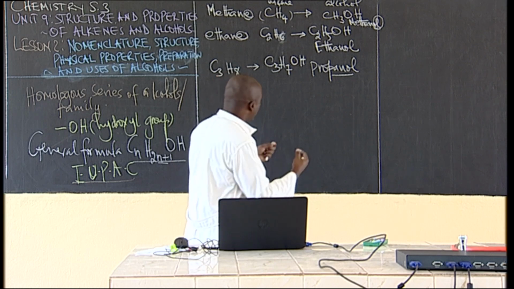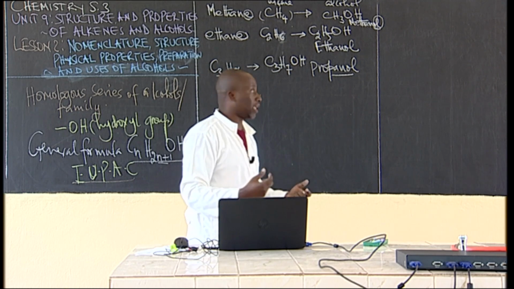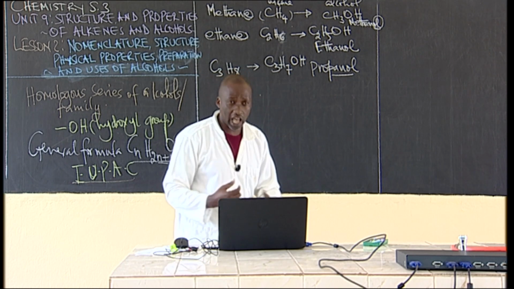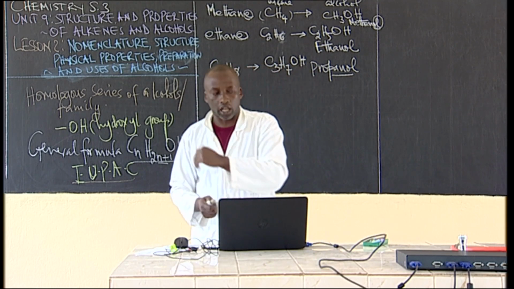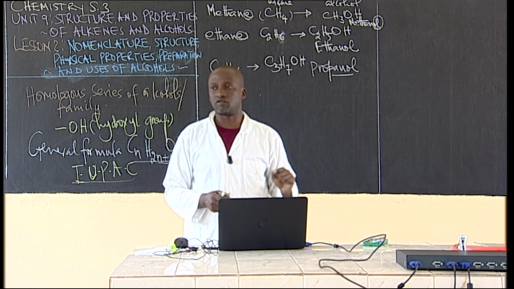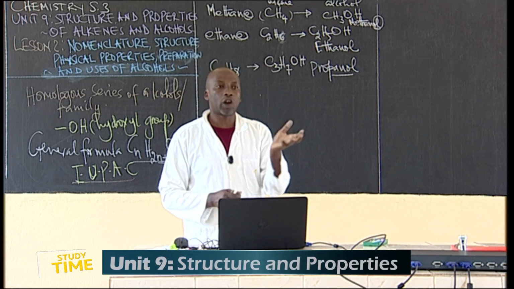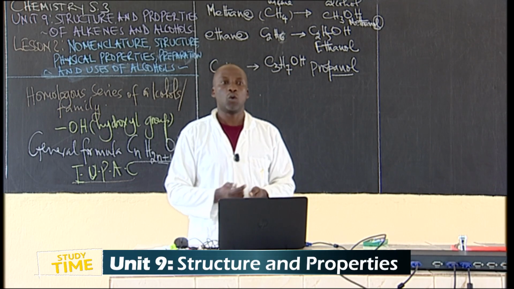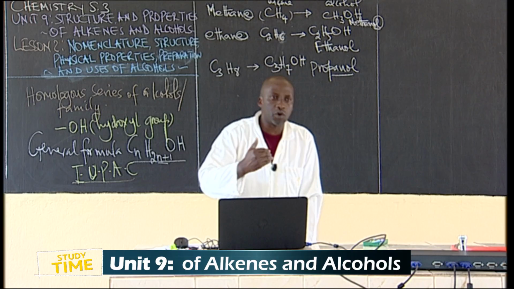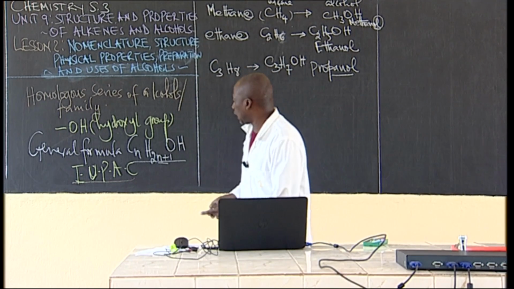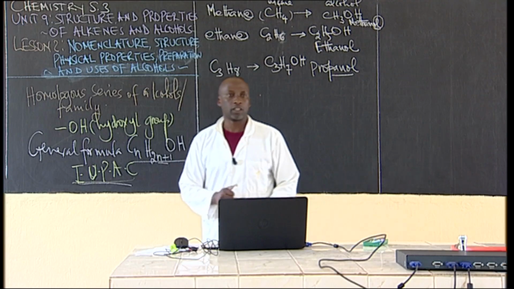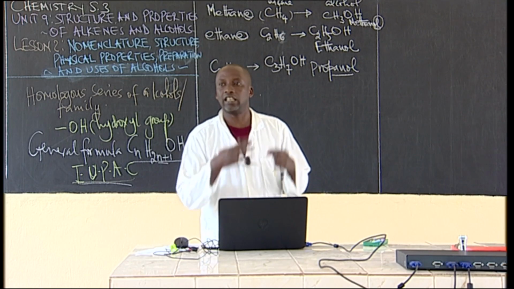When we are naming these alcohols, especially when you come to carbon number 3, this is something very important. We have what we call the common names, and then we have the international names, the IUPAC names.